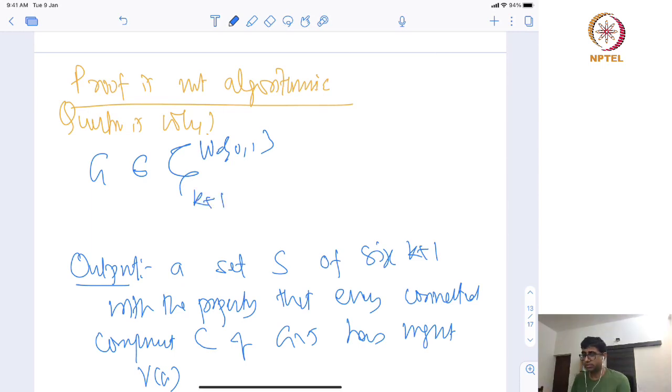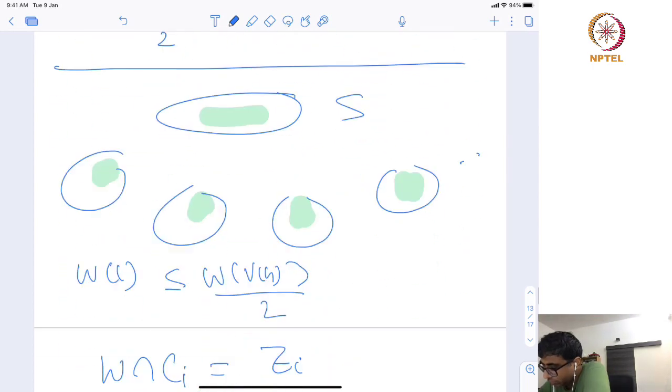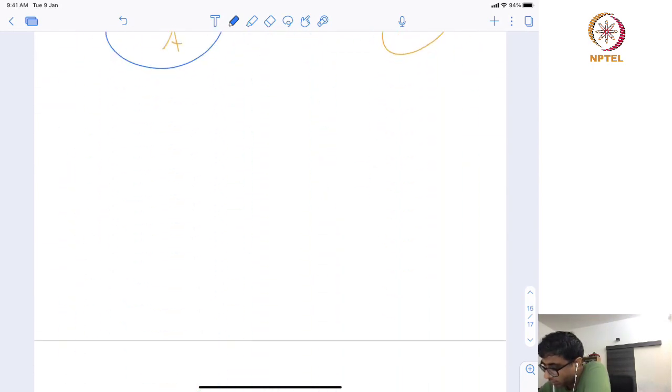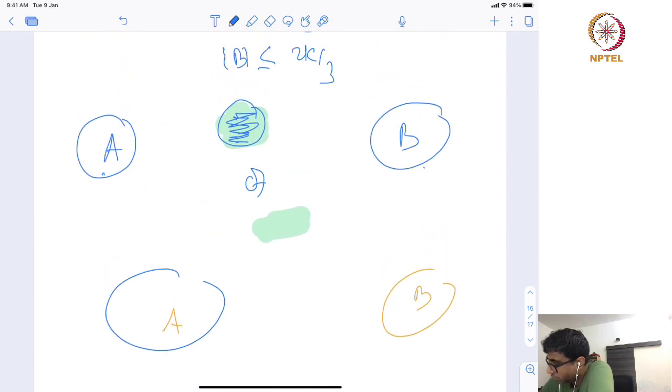Then what happens? You know such an object exists because G belongs to this. We don't know whether G belongs to this or not, but we will be able to check. If it doesn't belong to this, we will be able to show that something bad happens. So now what will we do as an algorithm? First let's try to show something interesting here.